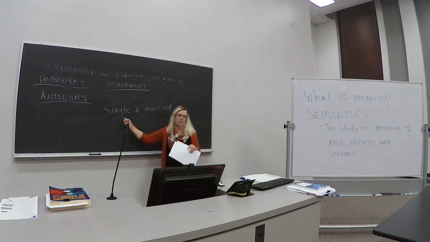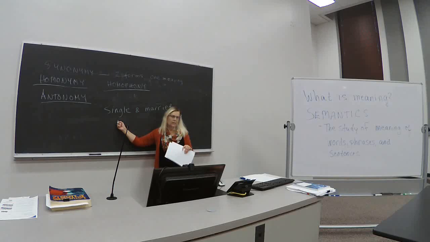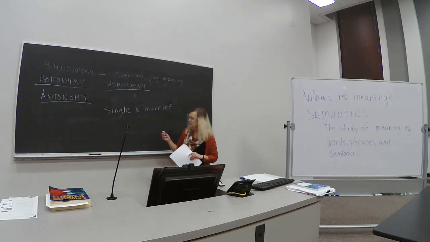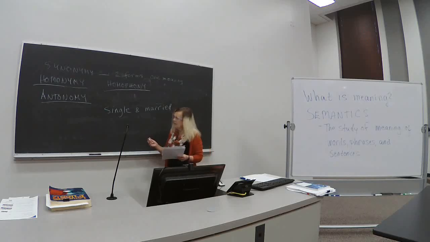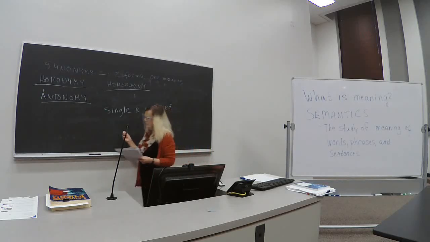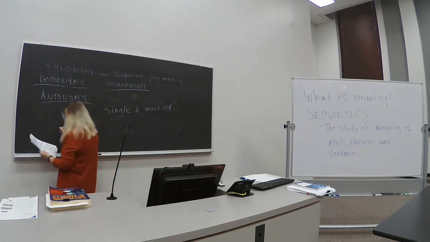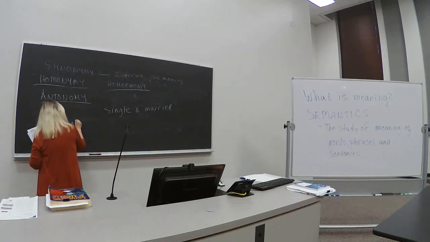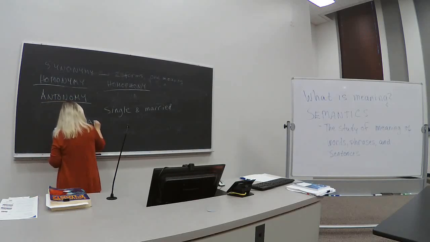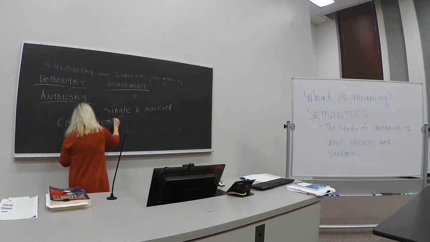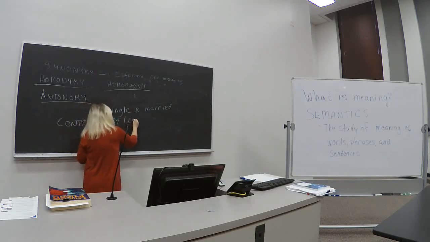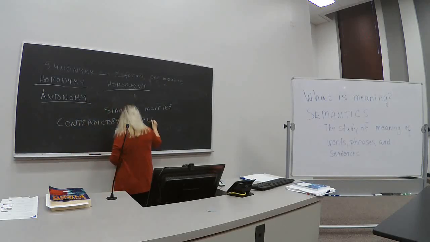It means that he or she is not single, right? So we could call these antonyms. And in the case of single and married, we have a case of contradictory or complementary pairs.